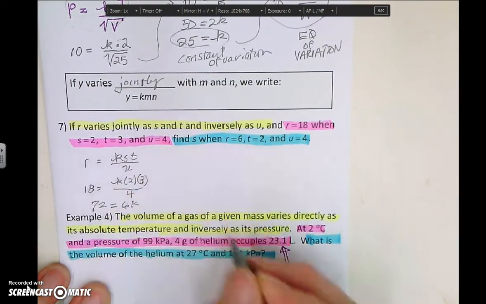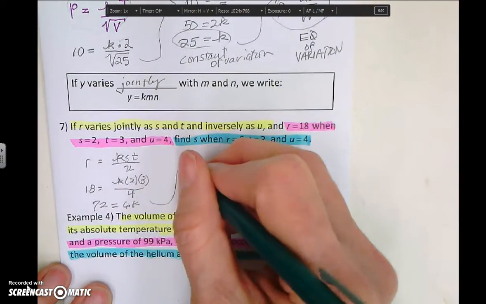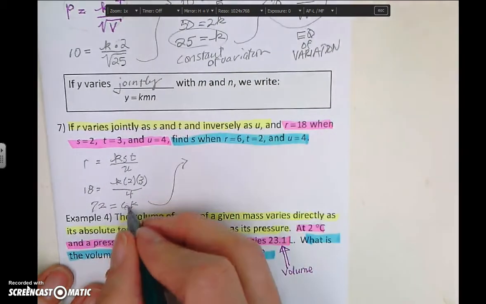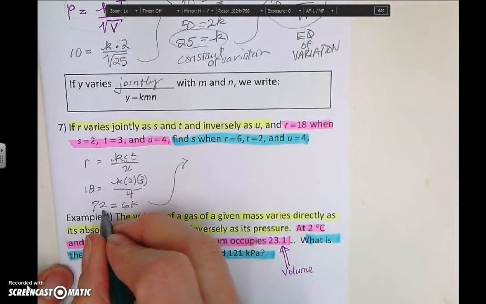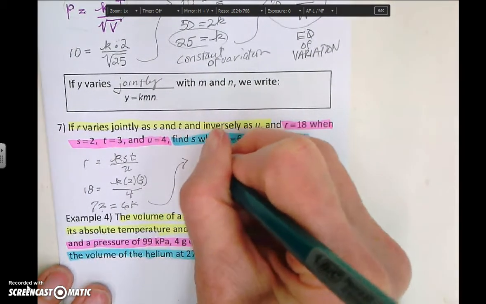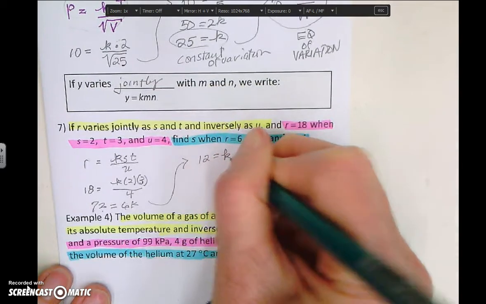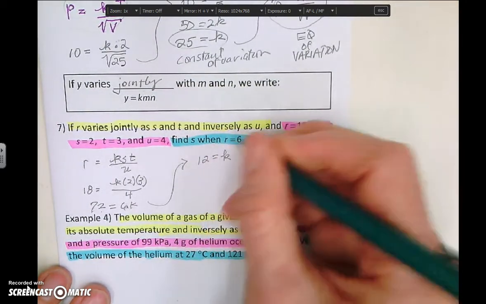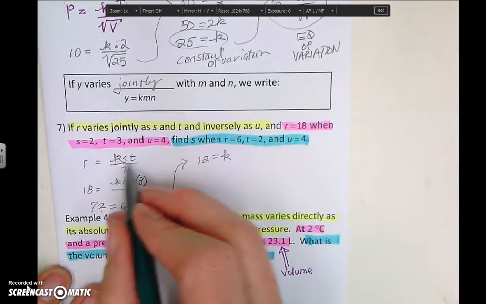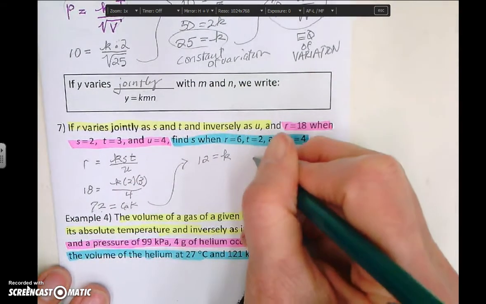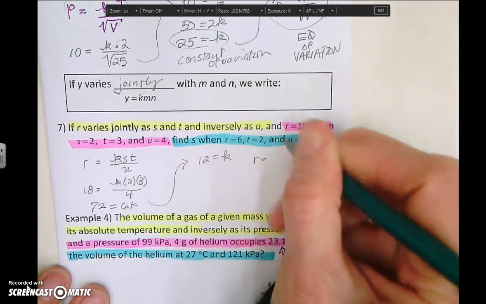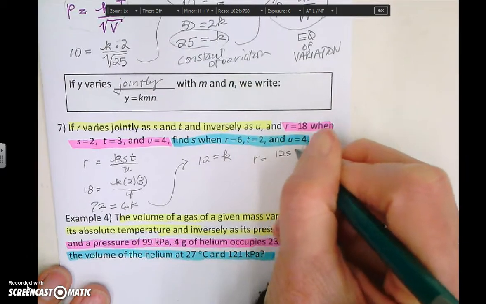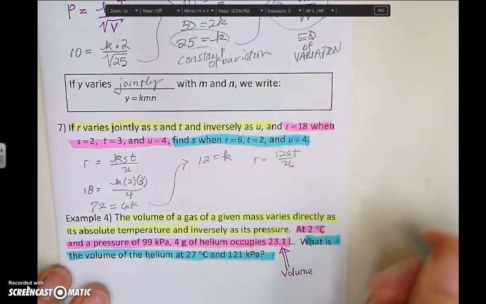Okay, so 2 times 3 is 6. And then finish that up and divide both sides by 6 and get 12. So 12 is equal to K. From there, I'm going to substitute it back into my original. So my equation of variation is going to be R equals 12ST divided by U.